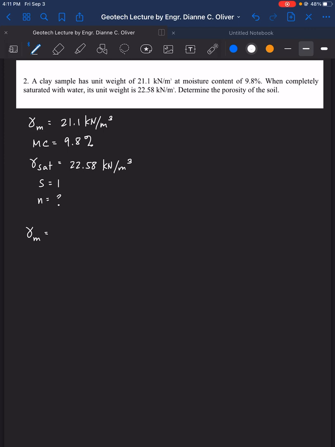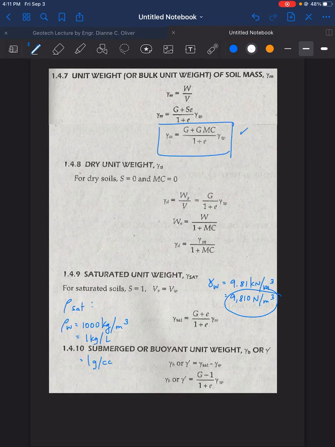So gamma moist is equal to G, specific gravity G, plus GMC, over 1 plus E, times gamma W. Now remember the GMC equals SE from a while ago. So look at this part here, SE. Okay? So still good.